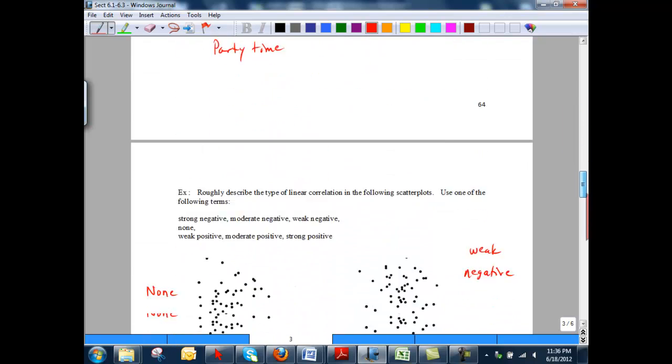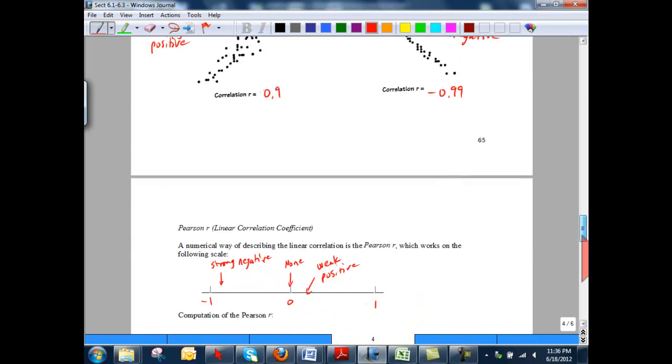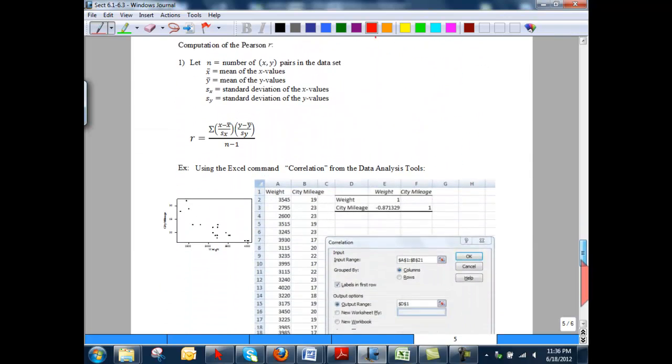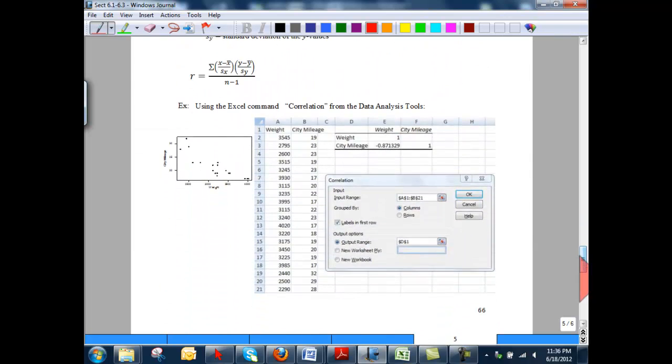That's a lot of work. It's almost undoable by hand. And so here's an example showing how to do it using Excel. And in the homework and on tests and so on, you're certainly free to use Excel. In fact, that's pretty much what I have in mind. So let me demonstrate Excel finding a correlation coefficient or an R value.